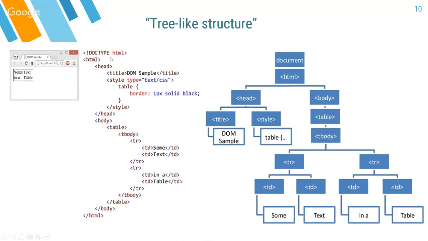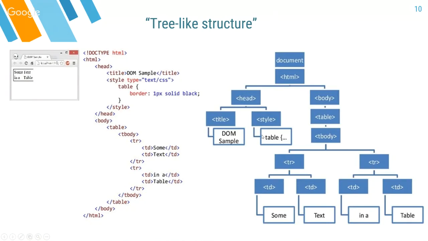You can see how a tree-like structure is formed and that captures the relationships between the elements, meaning that the DOM knows which element is a child of which. It knows that the table is the parent of the table body and the child of the body, as well as that the table rows are siblings of one another. So it knows all of this.